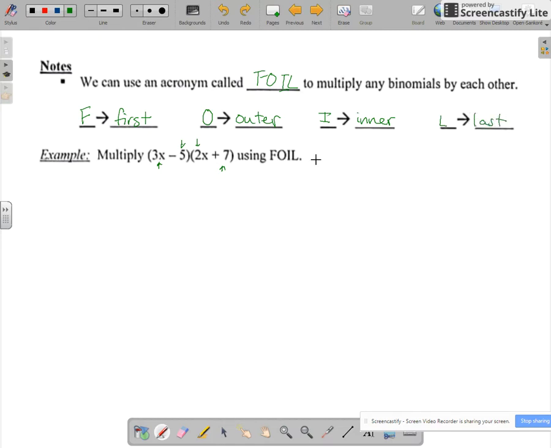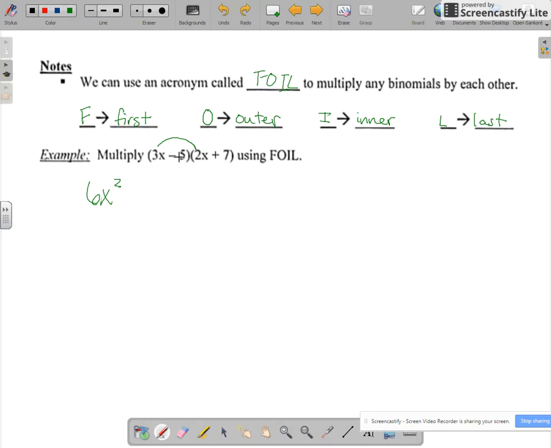So now let's multiply 3x minus 5 times 2x plus 7 and see what we get. Our first step is to multiply our firsts. 3x times 2x is 6x squared.